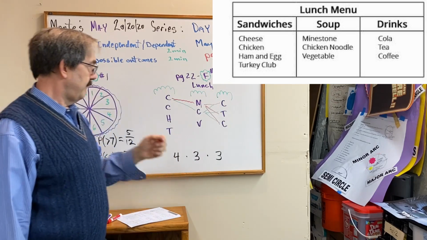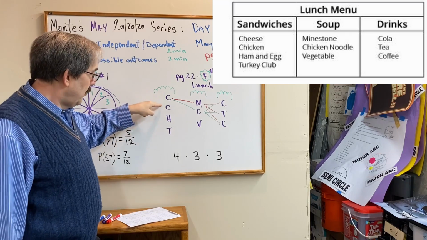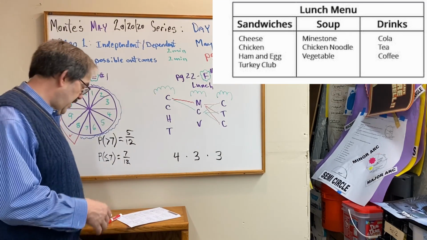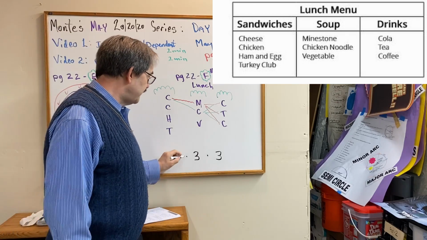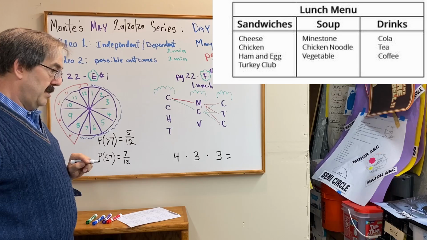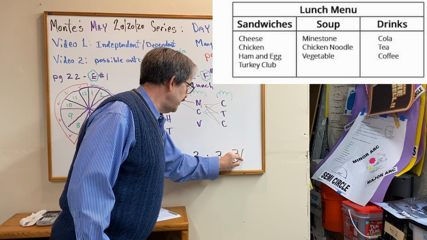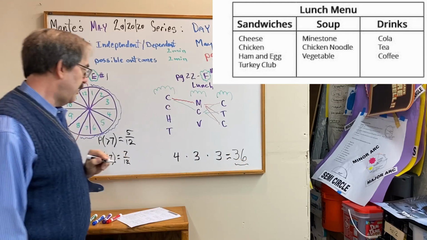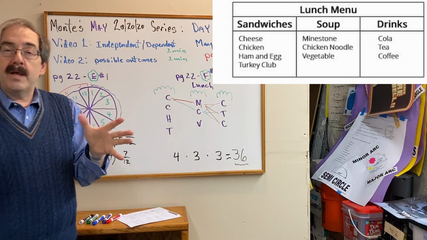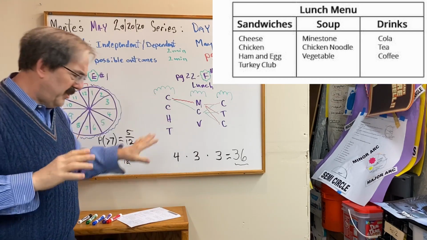Poof, poof. But there's 4 main items. So this one will have 9, this one will have 9, this one will have 9. So the final answer is 4 times 3 times 3. Got it? Good. 36 total possibilities. Okay? So again, scenario week, no formal math, trying to get you to visualize all these different scenarios.